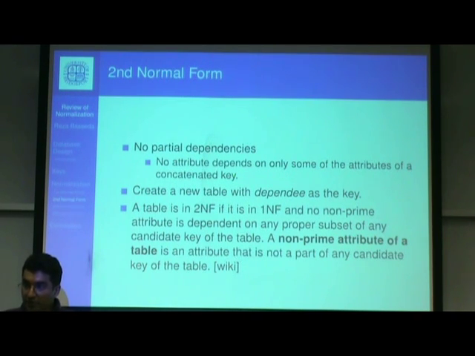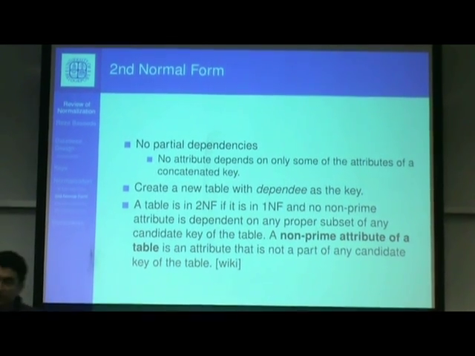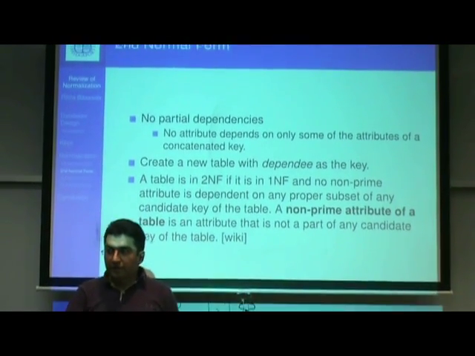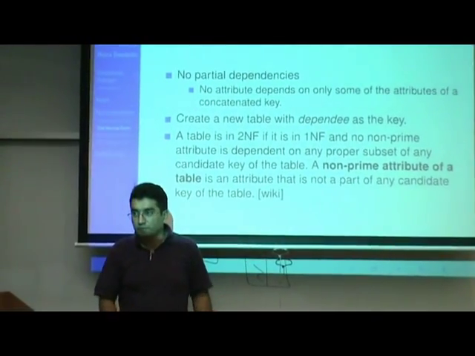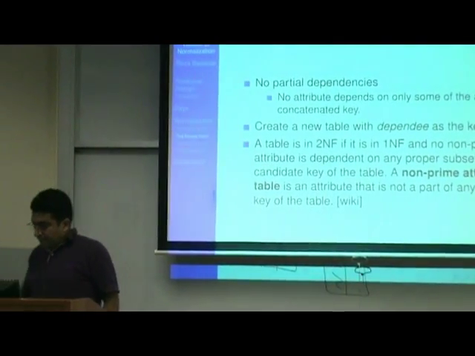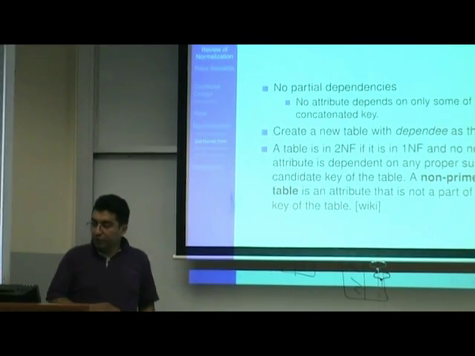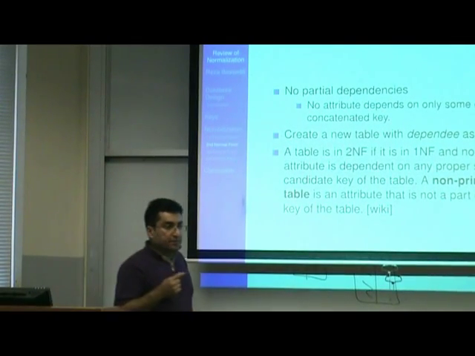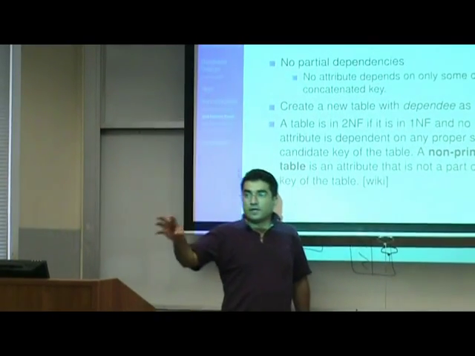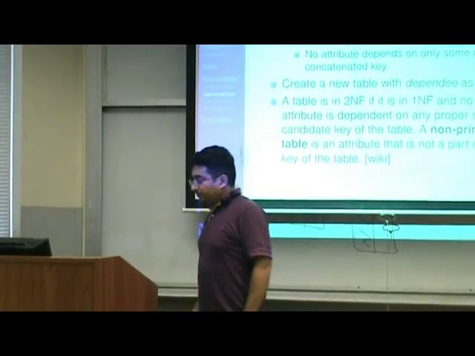They still depend on some part of a key, but they have to be removed. Okay. So what we are doing is creating a new table with the dependency as a key, and then we move that part of the table to the new table.